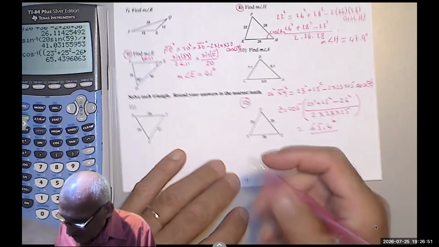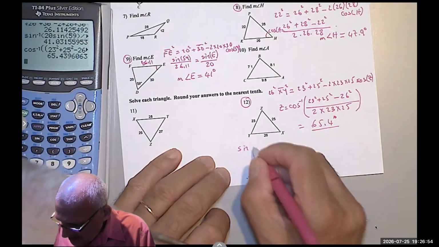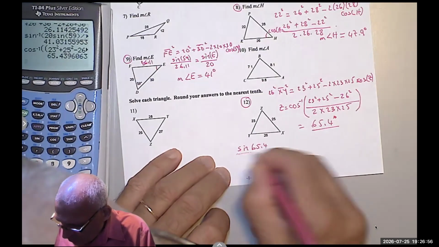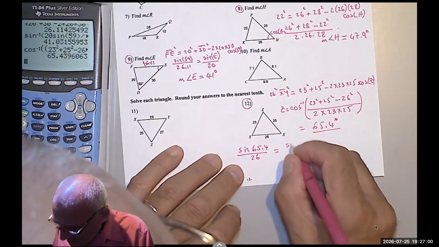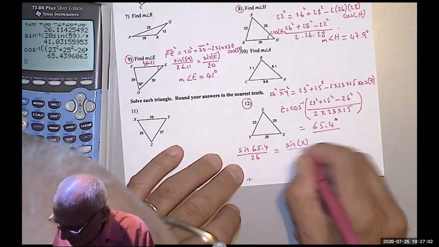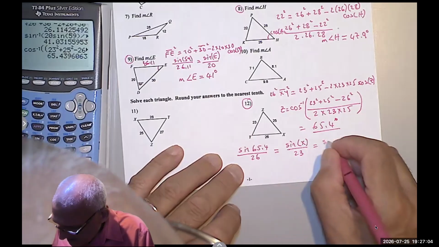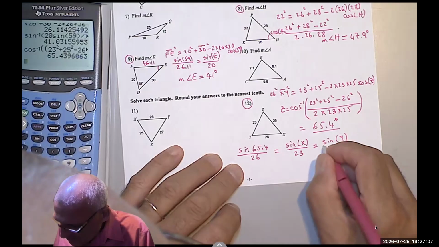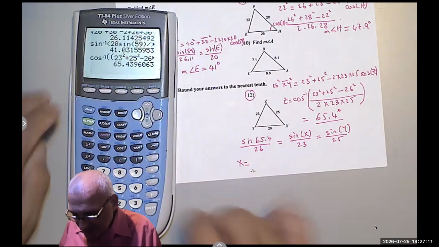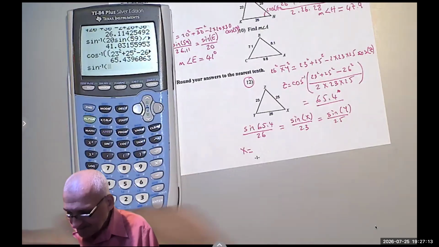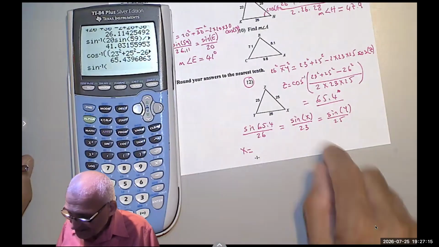Then I am going to say sine 65.4 over 26 equals sine x over 23 equals sine y over 25. So to find x, I'm going to take inverse sine of, I'll do x.